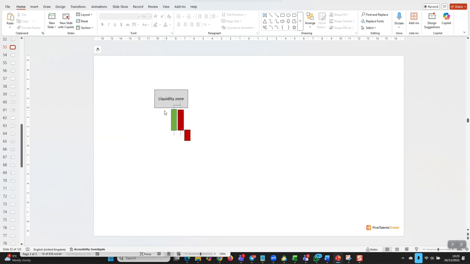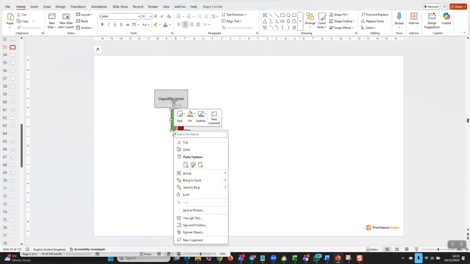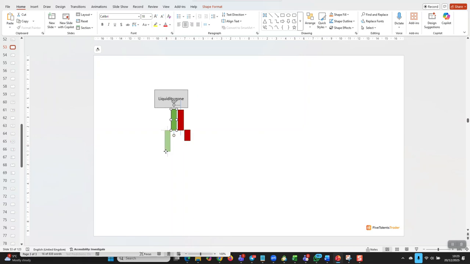And let's say price is coming from the bottom, moving up and hits this liquidity zone. In this example, we can see that the liquidity zone held. So price then started to come down, at least for now. It's shown this rejection.